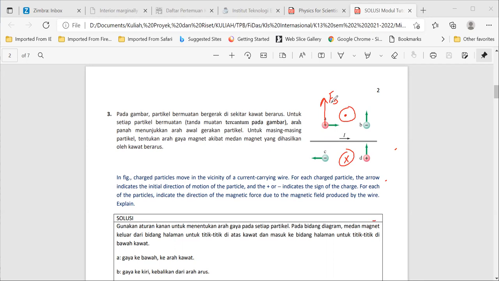But for B, the magnetic force should be to the left, but this is negative, so it should be to the right. FB.